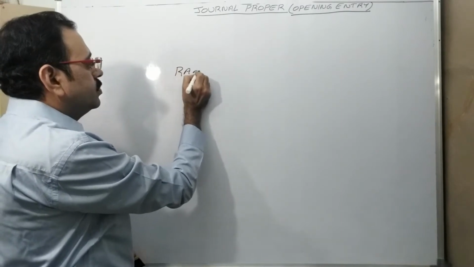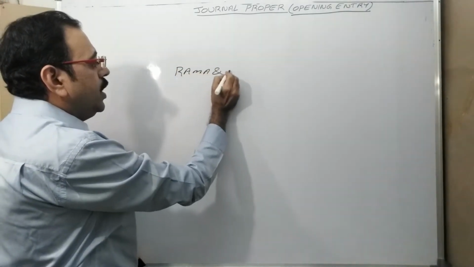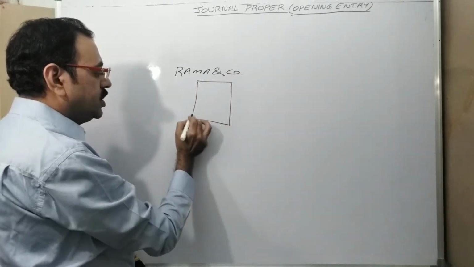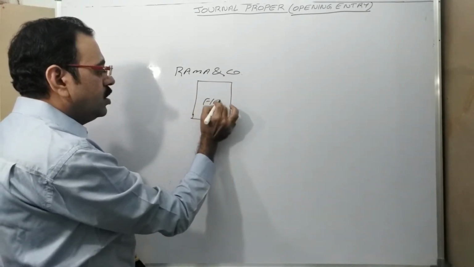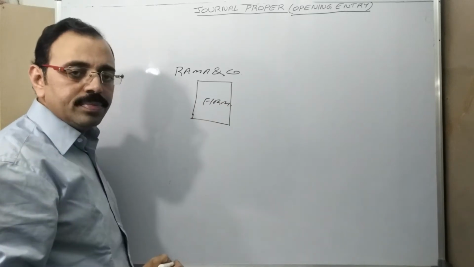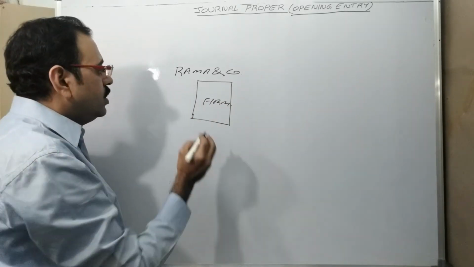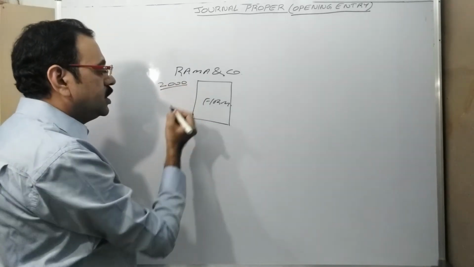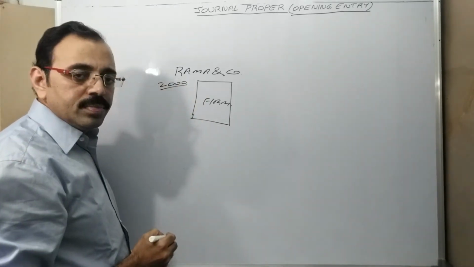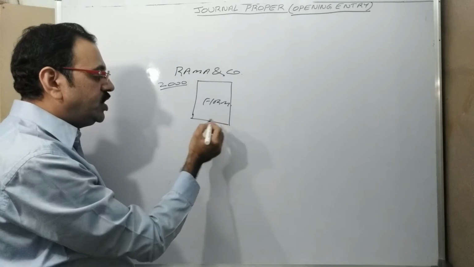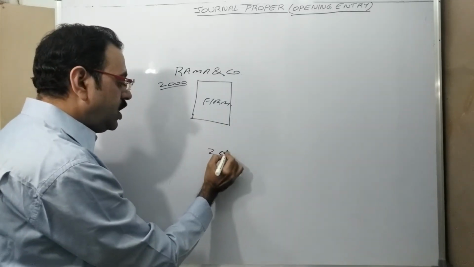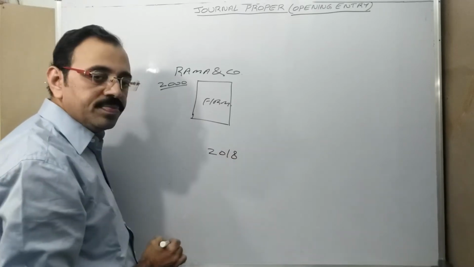Rama and Co. is one organization. It is one firm. They started their business in 2000 year. And for which year we are preparing accounts now? For 2018 year.